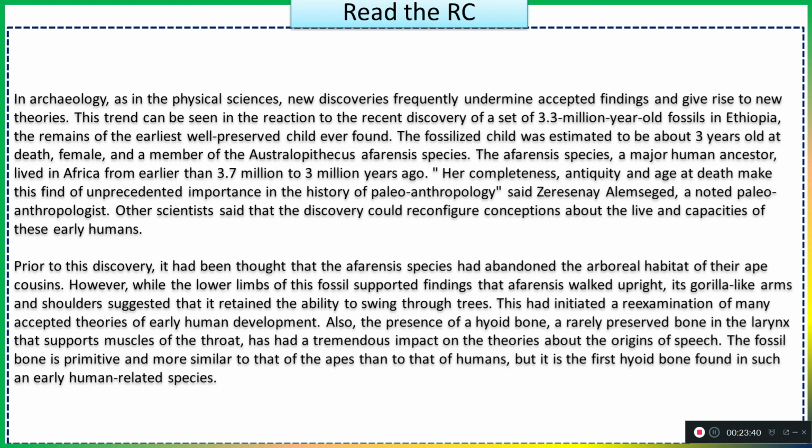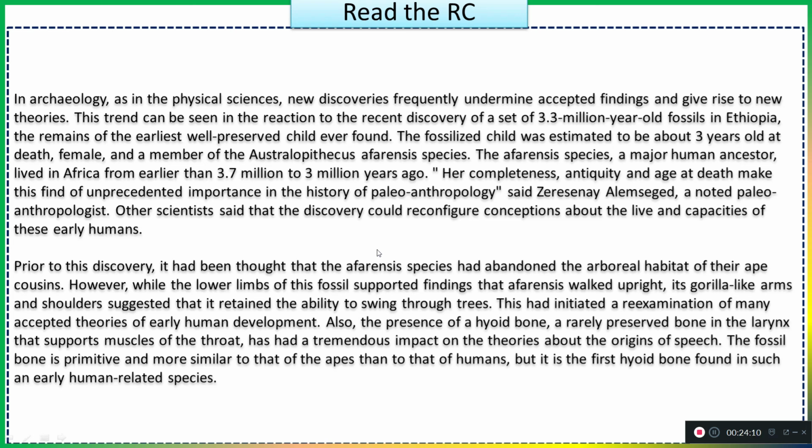So they say, prior to this discovery, it had been thought that the Afarensis species had abandoned the arboreal habitat of their ape cousins. However, while the lower limbs of this fossil supported findings that Afarensis walked upright, its gorilla-like arms and shoulders suggested that it retained the ability to swing through the trees. Now see the contrast, guys.